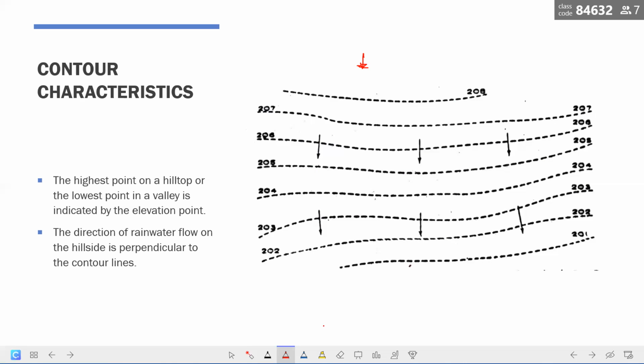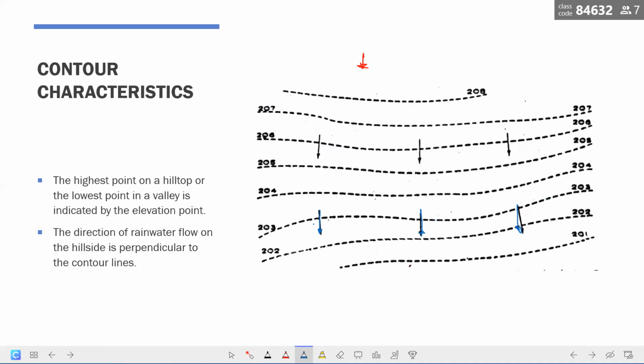The shortest distance between two lines is, of course, a straight line, and it's easier to visualize where the water is going if you illustrate them perpendicular to each line.